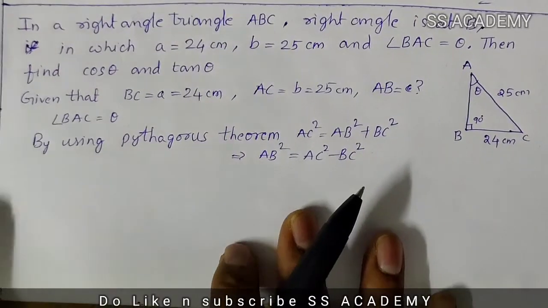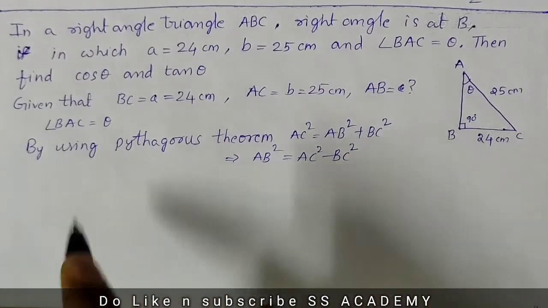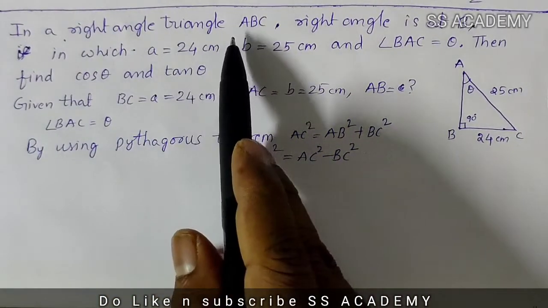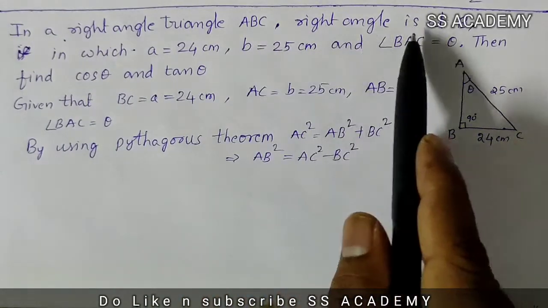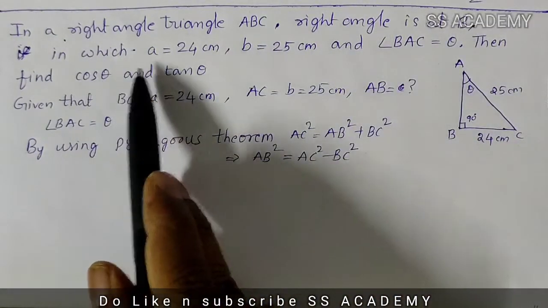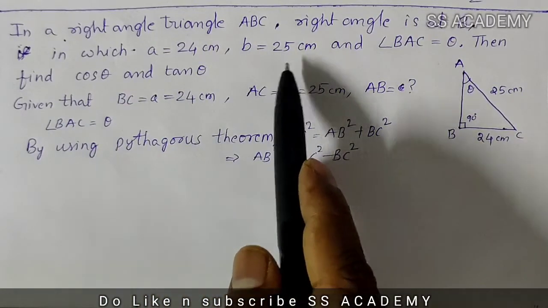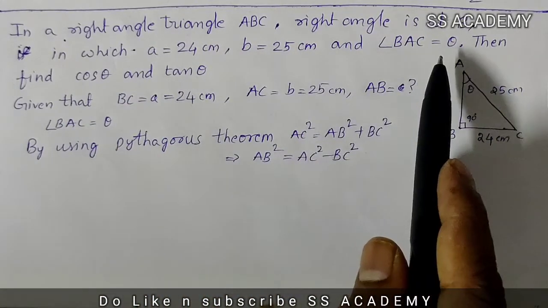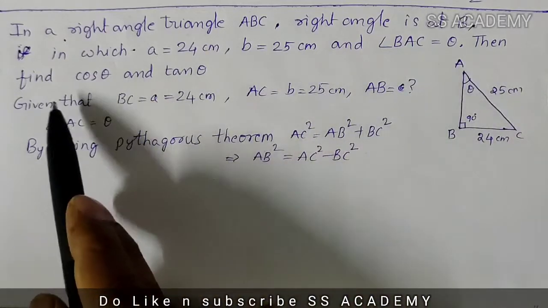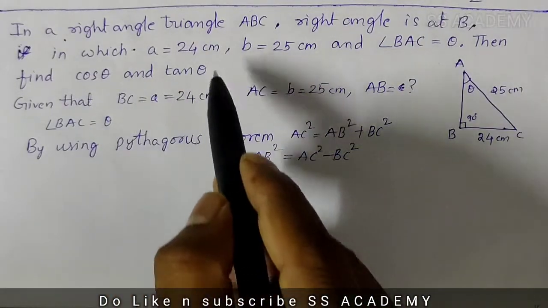To the third problem. The problem is like this: in a right angle triangle ABC, right angle is at B, in which a is equal to 24 centimeters, b is equal to 25 centimeters, and angle BAC equals theta. Then find cos theta and tan theta.